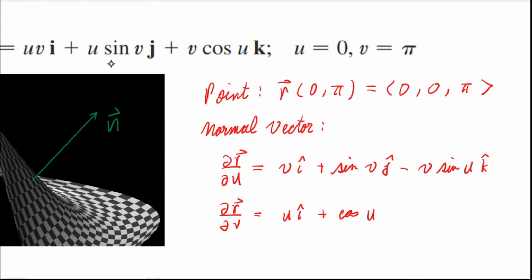Let's go back. If I take a partial derivative, no, I didn't screw up. I screwed this up. So this is going to be u times cosine v, j vector. Good? Say yes. And then k vector with respect to v will just be plus cosine u, k vector.